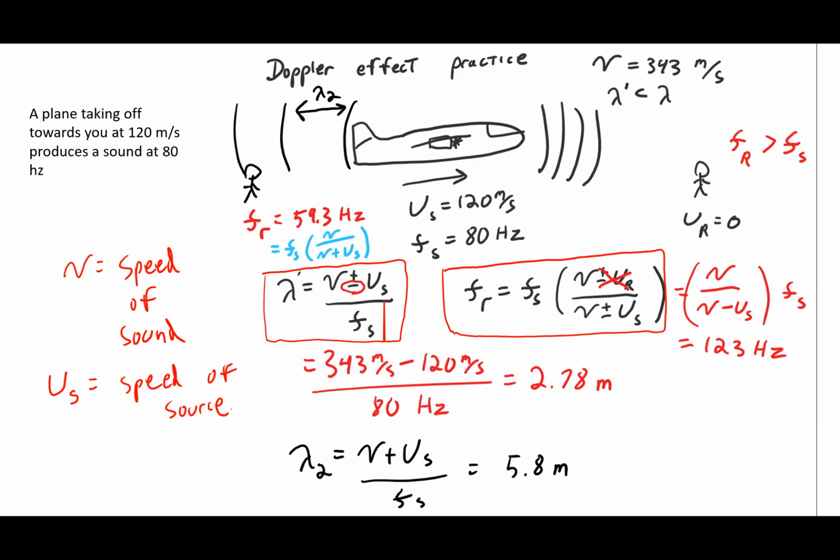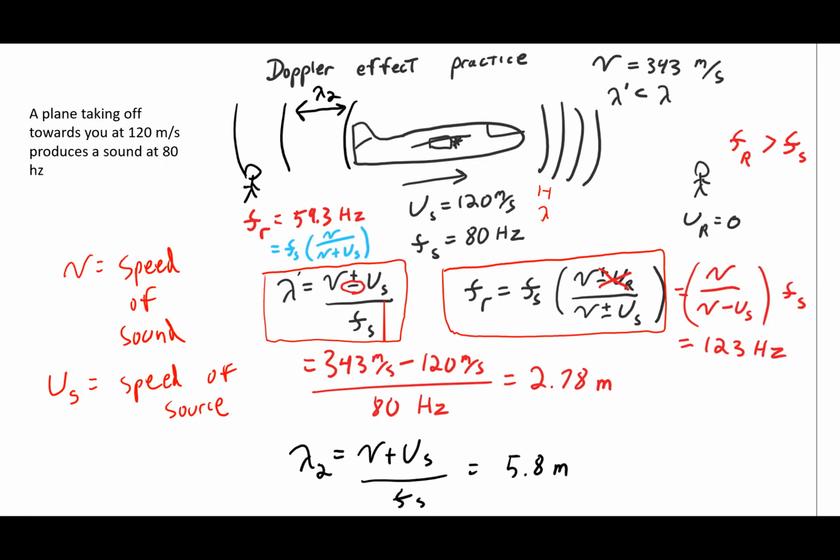Again, super important that we figure out some good intuition about when to use the plus or minus in this equation. In terms of the wavelength, the intuition would be that if you're in front of the plane and therefore the plane is moving towards you, the wavelength would be smaller than if the plane was stationary.